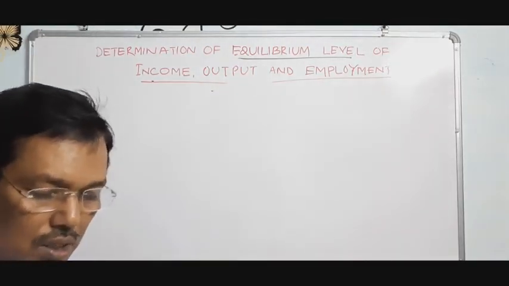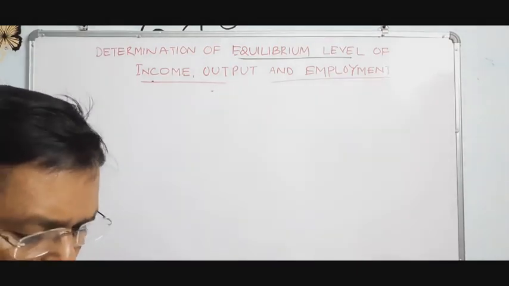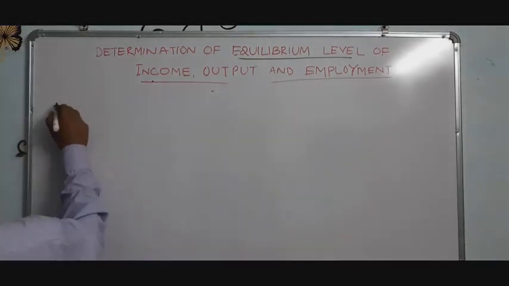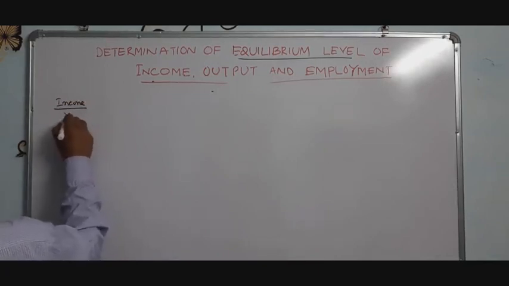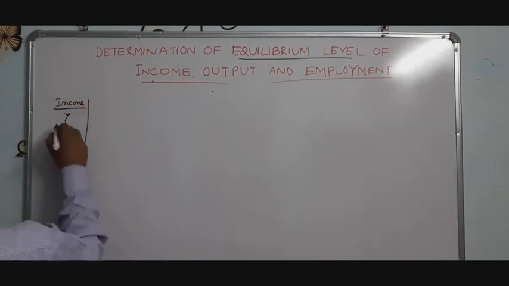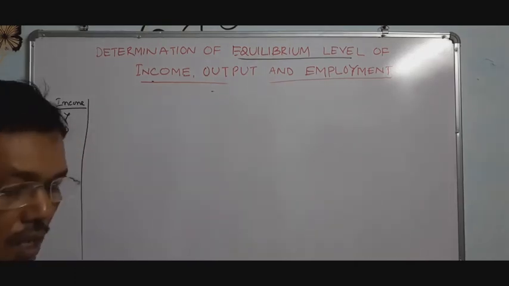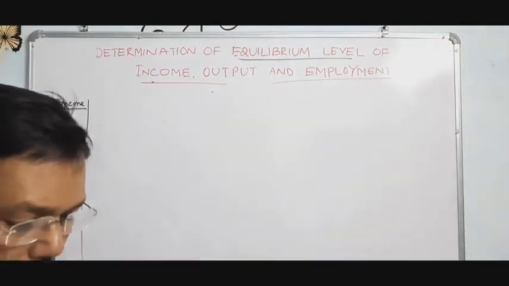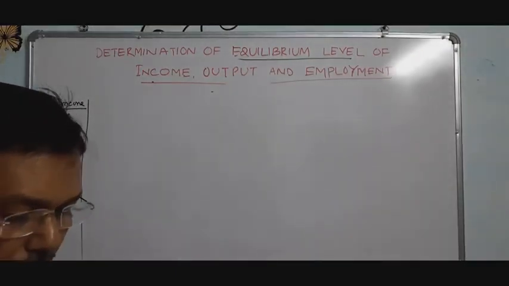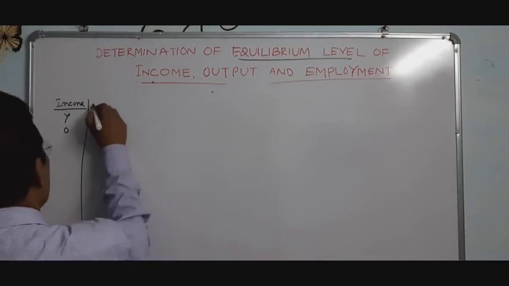consumption plus saving. Suppose income, which is Y, is zero level. As per my example, at that time employment is also zero.